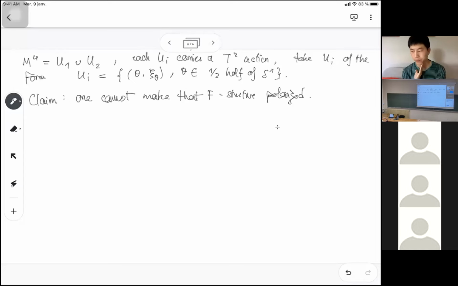And the intuitive explanation, I won't give a proof here, is that the first reaction when you want to make something polarized is that you have this T2 action, and so you have two directions, and one direction is free. It's an S1 action that is free. And what you would like to say is, well, for each T2 action, you just choose a direction where the S1 action is free.